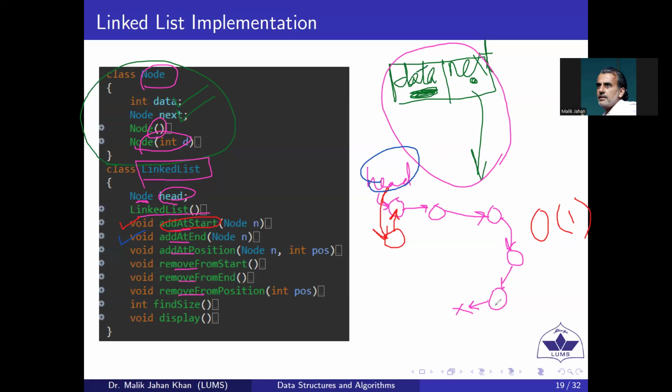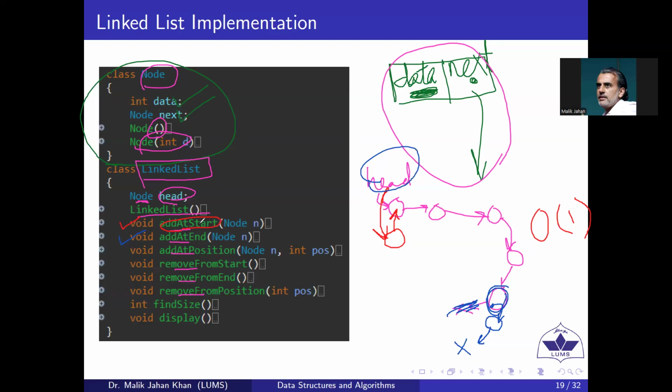So if I have to create a new node, this blue one, and I want to make it the last node, next of this node should be null. And the actual last node should start pointing over here. If it starts pointing over here, then this thing gets overridden. But how can I reach this node to change it?